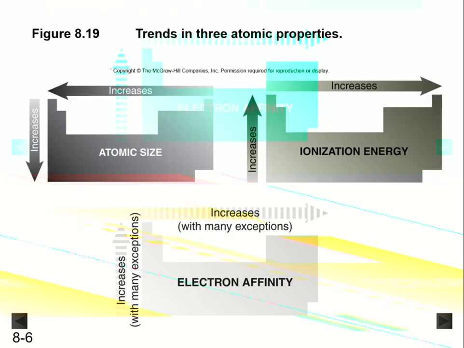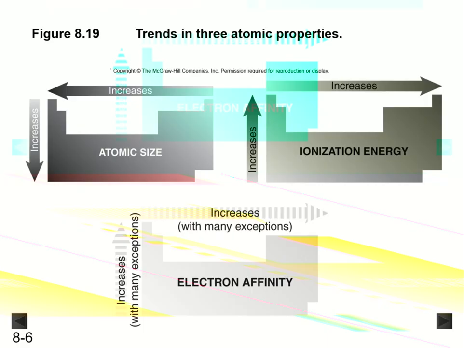The largest atom is cesium in the lower left-hand corner, the lower southwest. And then in the upper northeast, the upper right-hand part of the gray box, those have the highest ionization energy, but the smallest atomic size. So the smallest atom is helium, and the biggest atom would be cesium.